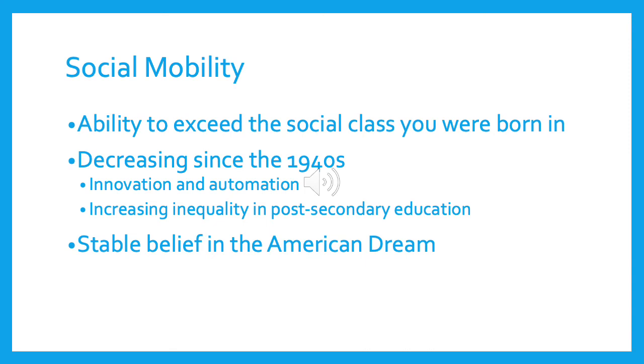And there are several reasons for this. The two most important drivers of these trends appear to be innovation and automation, meaning that a lot of the high-paying jobs that people used to count on to provide upward social mobility have been innovated or automated away. What that means is when corporations make a lot of profits, the most efficient thing for them to invest in is making processes more efficient.